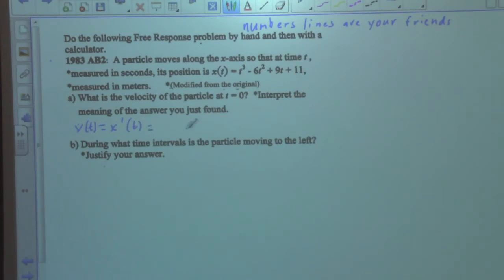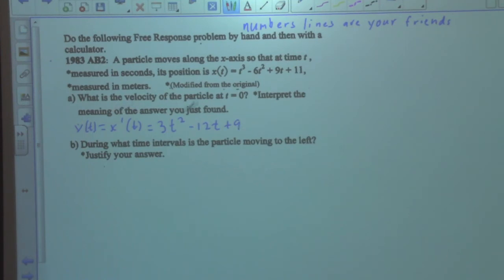Here's x of t, and v of t is x prime of t. So what is this going to be? 3t squared minus 12t plus 9. And so there we have it.